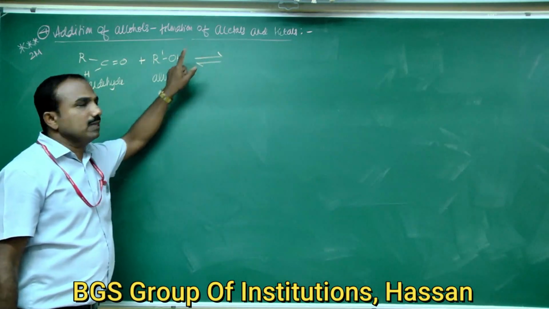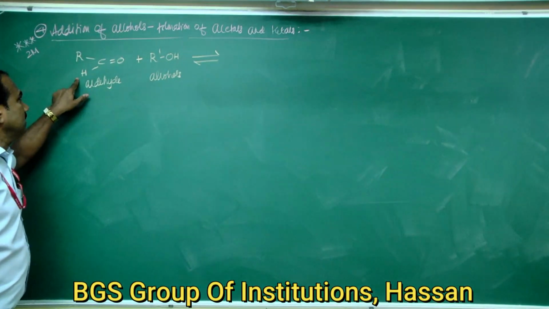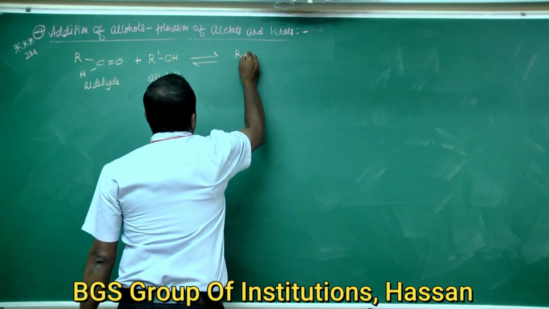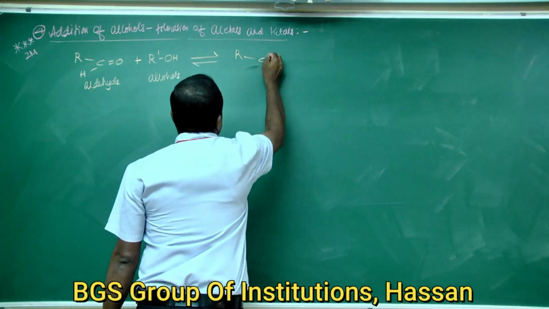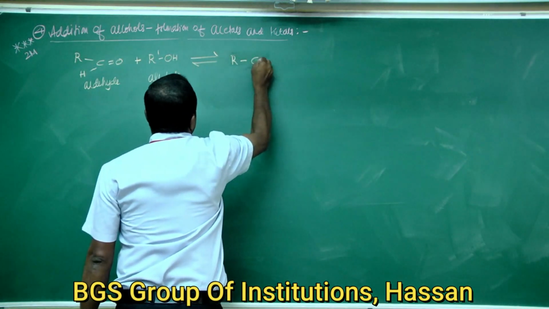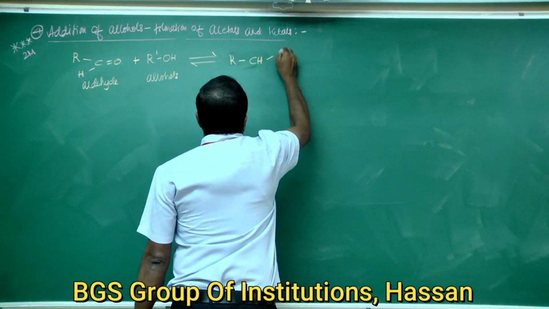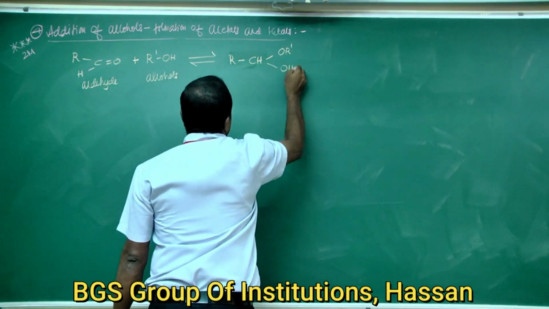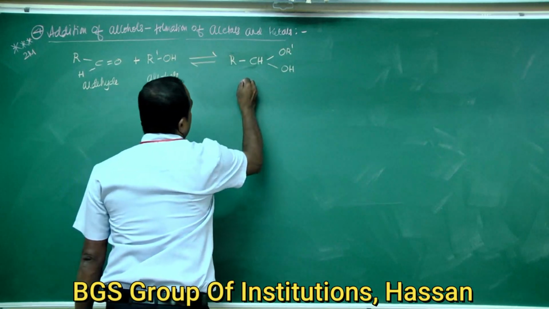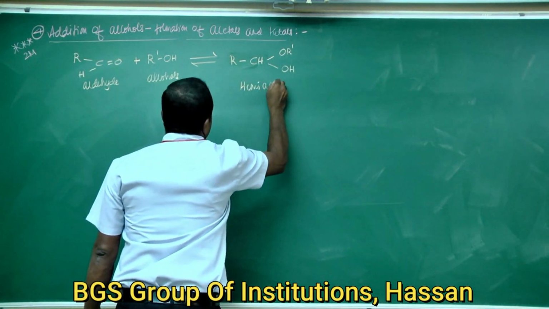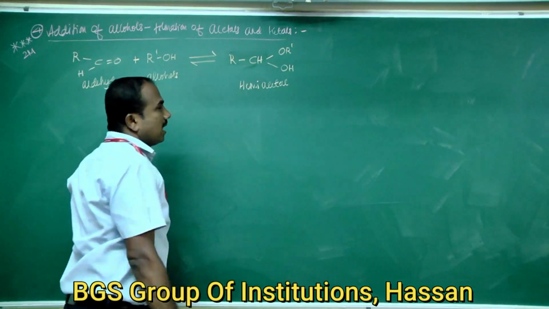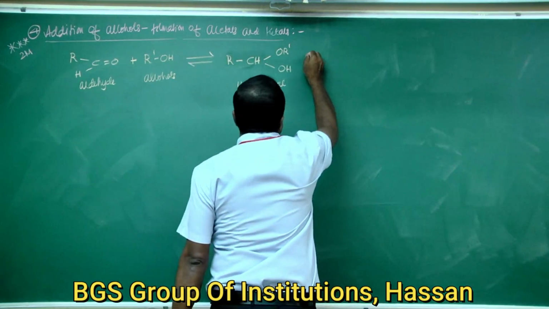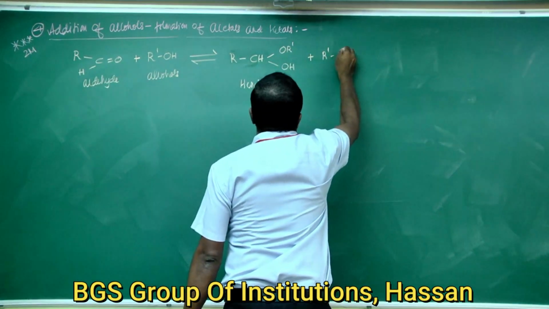The general reaction can be written as RCHO plus R-OH gives R single bond CH single bond OR, single bond OH. This is hemiacetal, that is an alkoxy alcohol called hemiacetal.